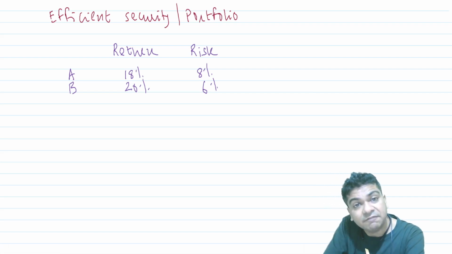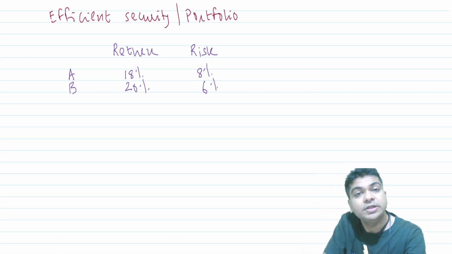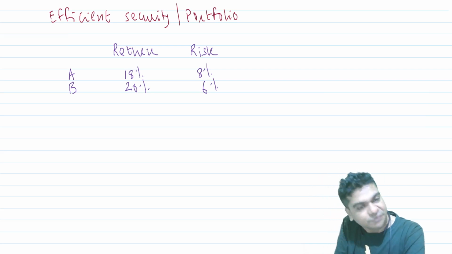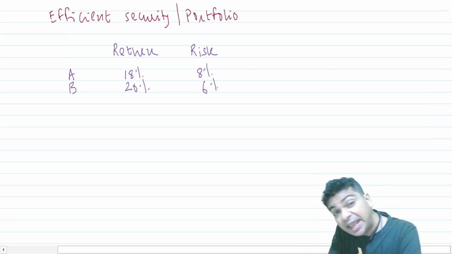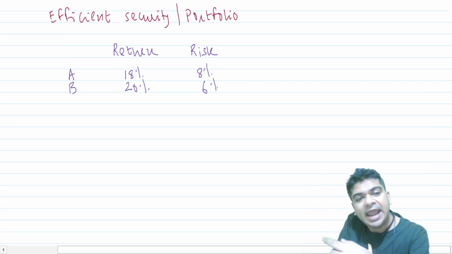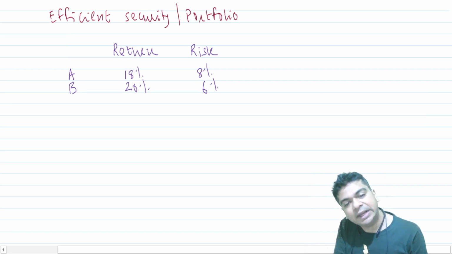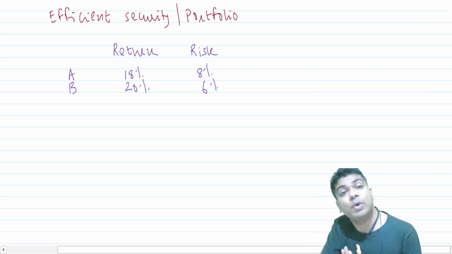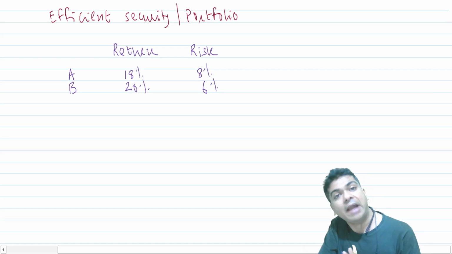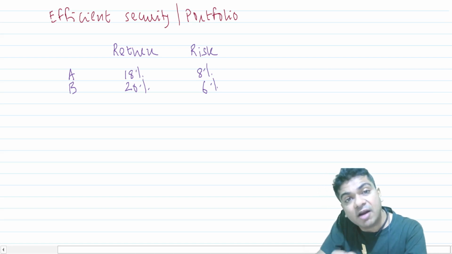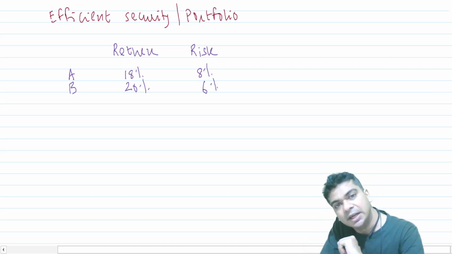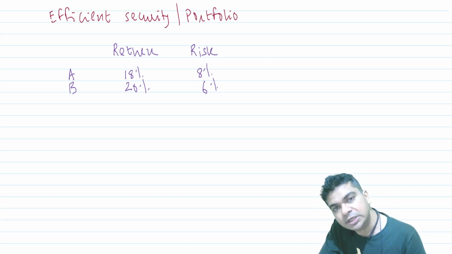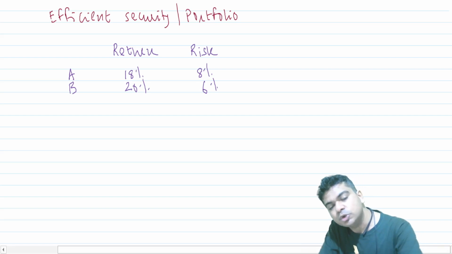If these are the figures, tell me which one will you select, or in other words, which one will you reject? So if you see here, A is giving 18% return at 8% risk, while B is giving 20% return at 6% risk. Please do not do any calculations over here. Don't try to calculate the coefficient of variation, CV, that we had discussed earlier. Just by observation, tell me which security should be selected, which security should be rejected.